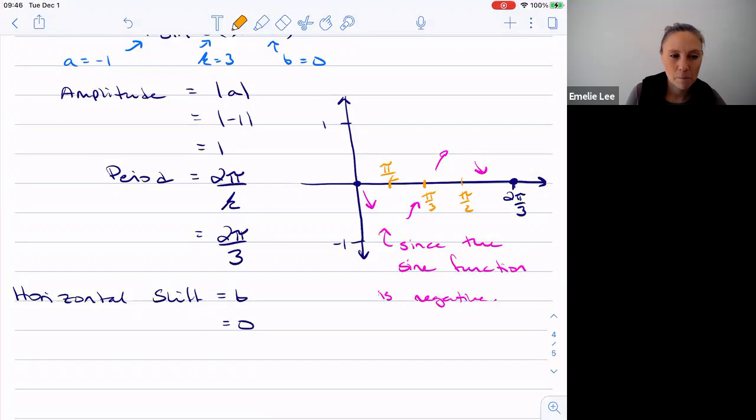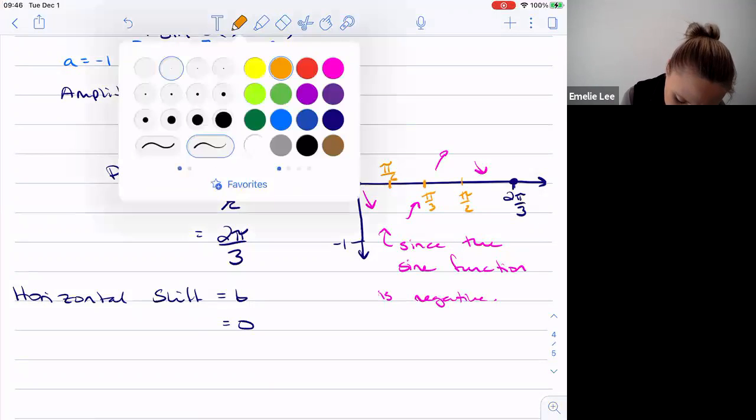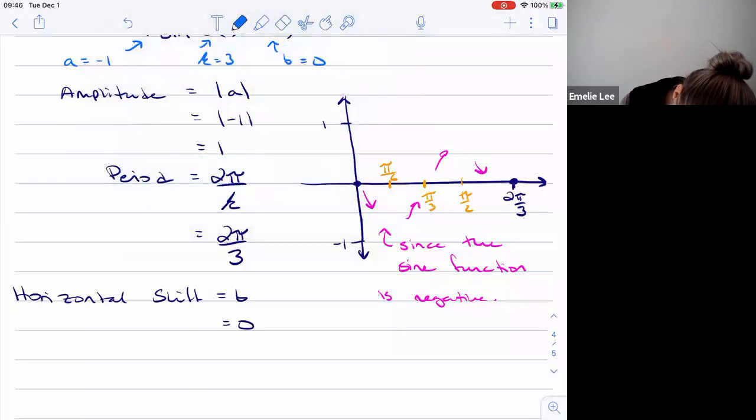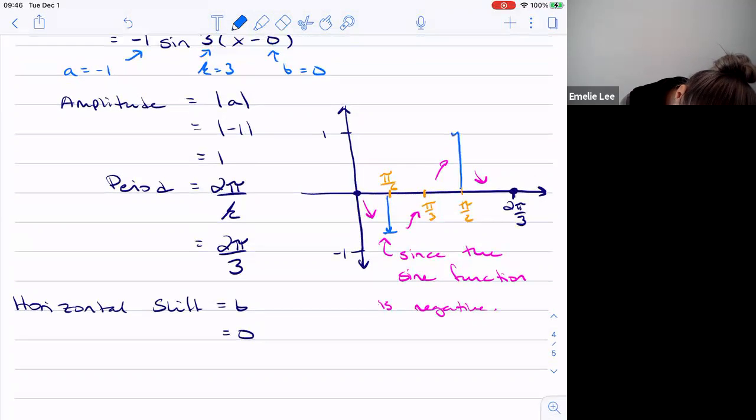Oh. This doesn't look like a 6. Still probably doesn't. Yeah. And then the height, the amplitude here is 1.